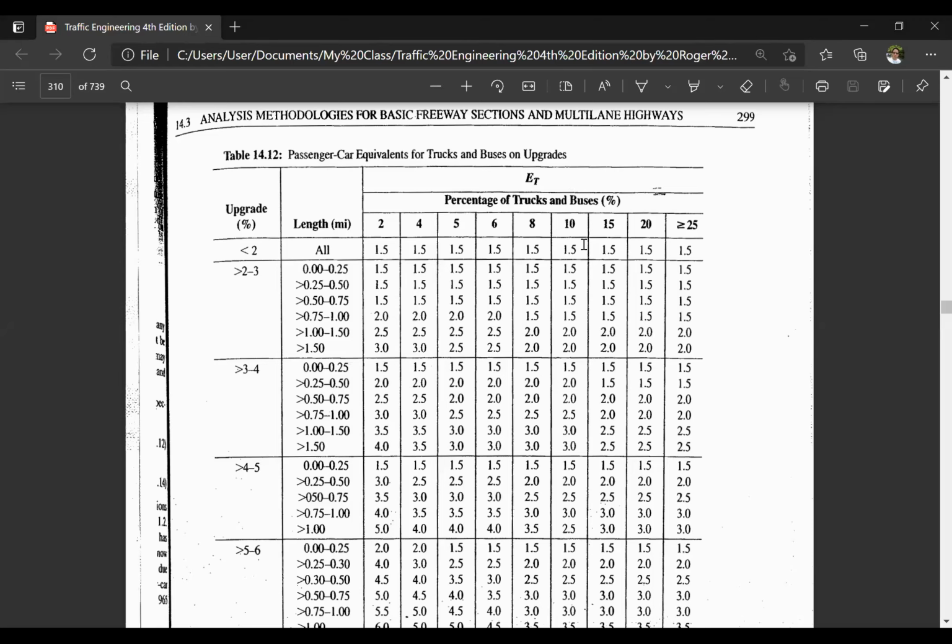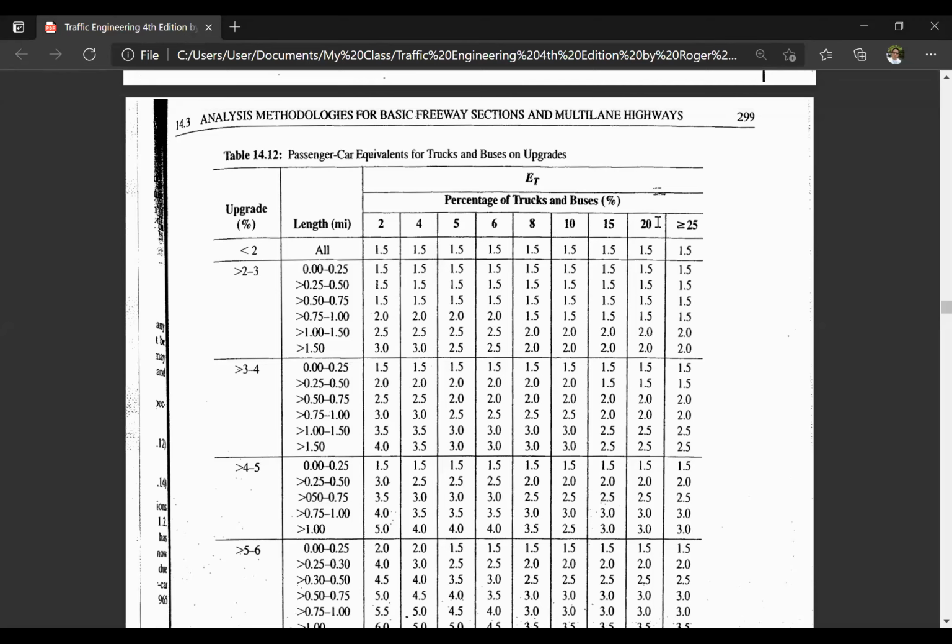For example, if there are 20% of trucks and buses on a grade of 4.5% with a length of 0.75 mile, so I said 20%, right? Grade is about 4.5. So on this segment it should be around 2.5.